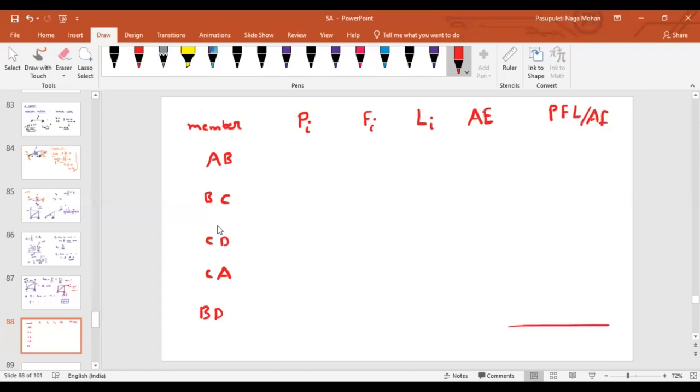At last, add all these values. That is nothing but your final summation. This is your final answer.